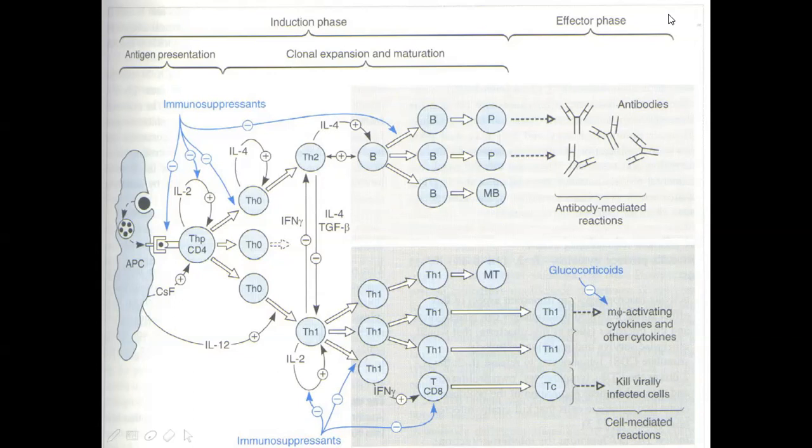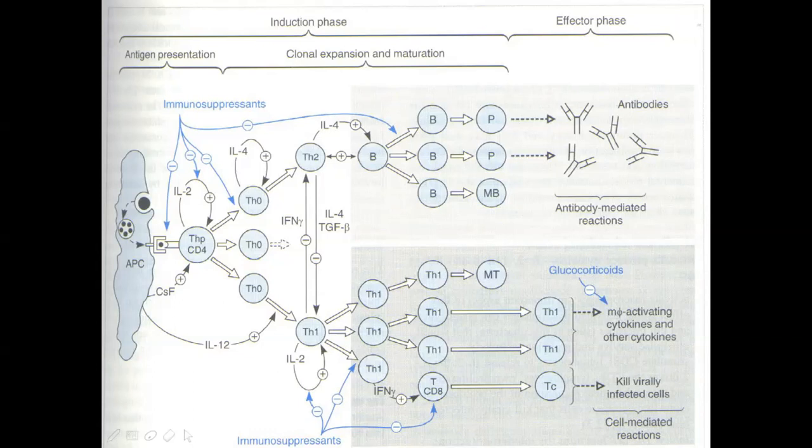And the formation of antibodies and antibody mediated reactions, and the glucocorticoids which are acting on the T helper cells and activating cytokines and inhibiting these things, the killing of virally infected cells, the cell mediated reactions, all these things come under the effector phase.